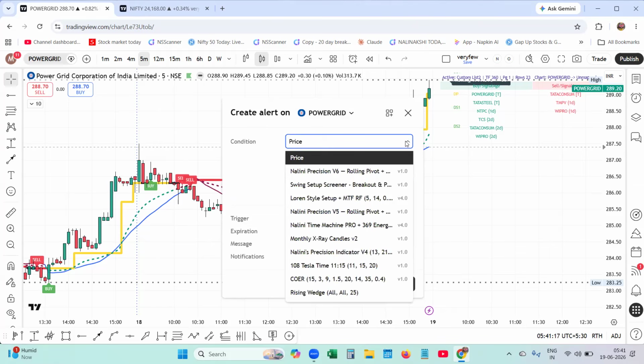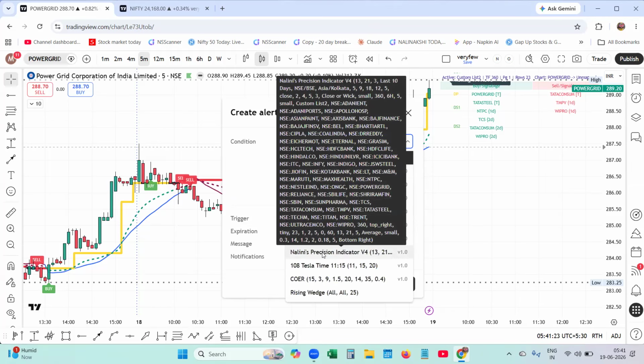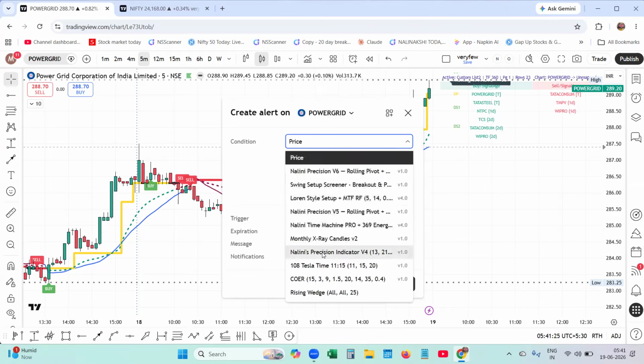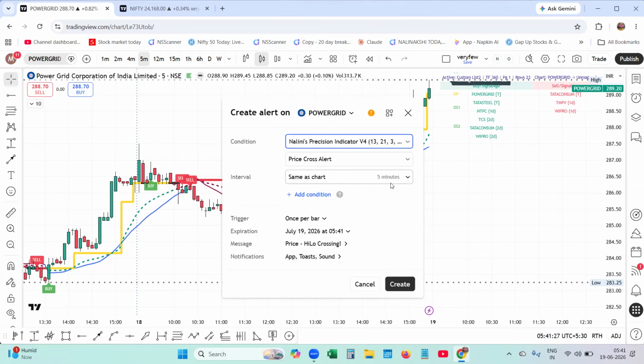Then in the drop down menu, my indicator is Nalini Precision 4, V4. You click on that, and whatever the time frame, it is better to keep it on 5 minutes.